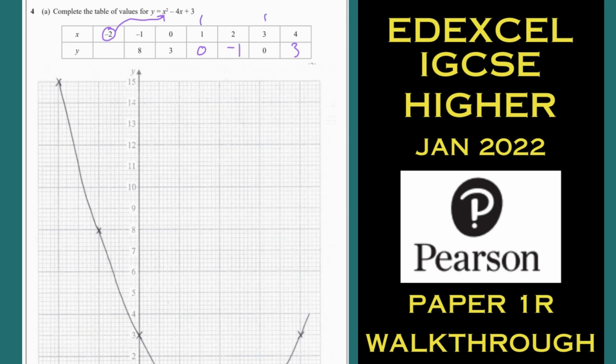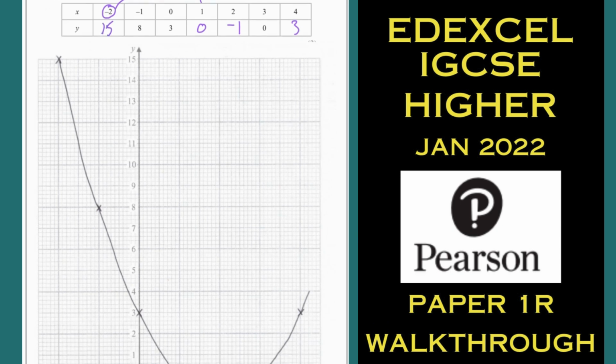And so you've got symmetry, 0, 0, 3, 3. But unfortunately, you've got to work this out, unless you realised that it's going to have the same result as subbing in 6. So you could do 6 squared, but a bit of a sledgehammer to crack a walnut scenario. Stick it in your calc, use brackets, get 15.